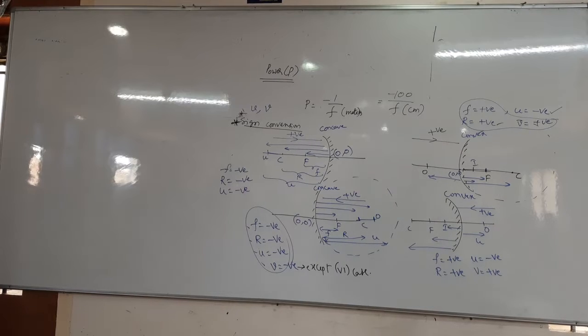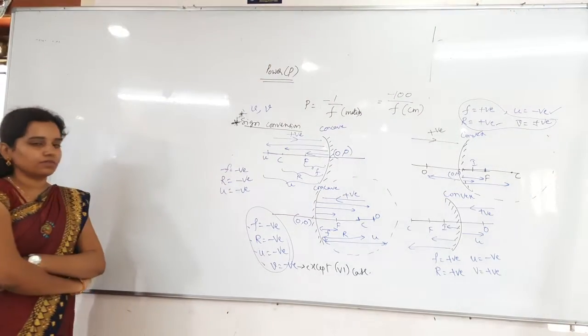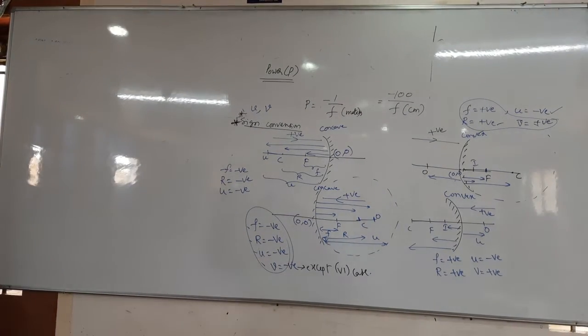The image distance V is also negative in all cases, except when the object is kept in between pole and focus.